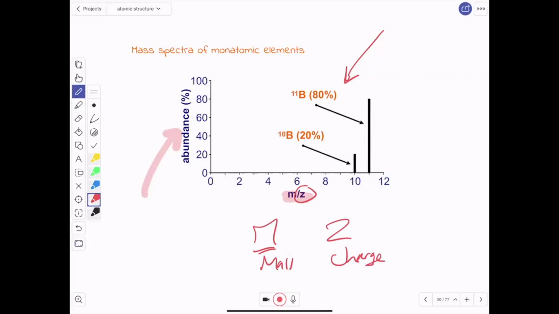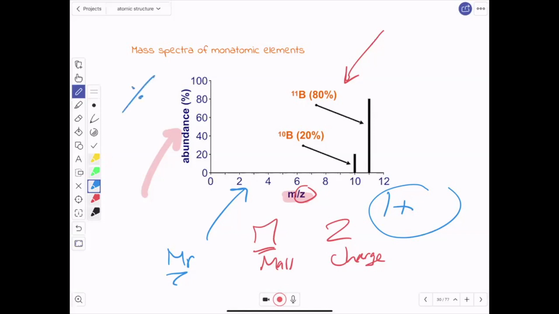Now for us in AS, the charge is always going to be 1 plus. All right. So unless you've been told otherwise, your charge is always going to be 1 plus. So basically, the values on the x-axis are just the atomic mass or the molecular mass of the species. What about the y-axis? The y-axis is the abundance.